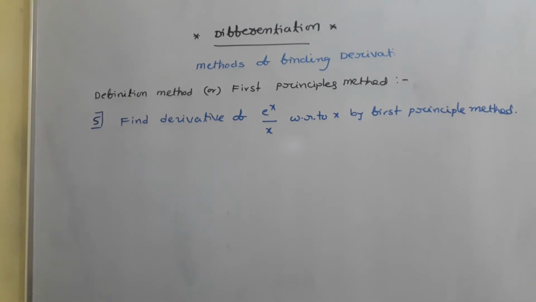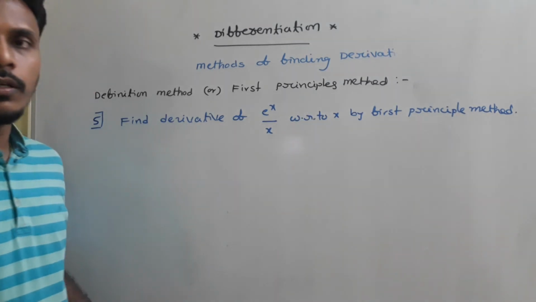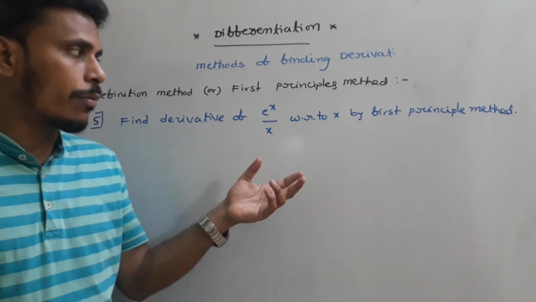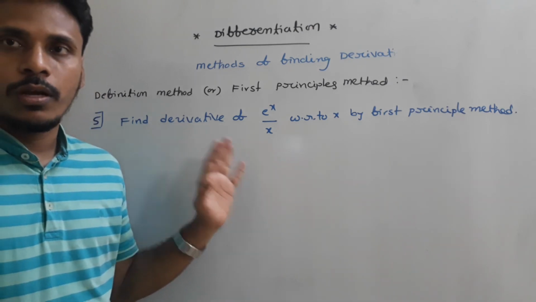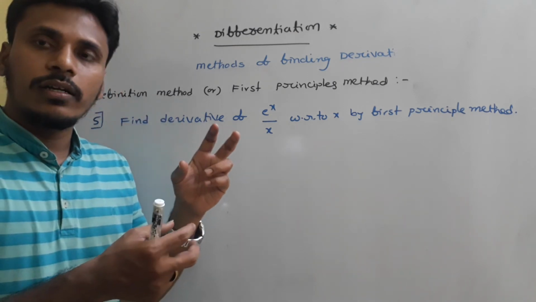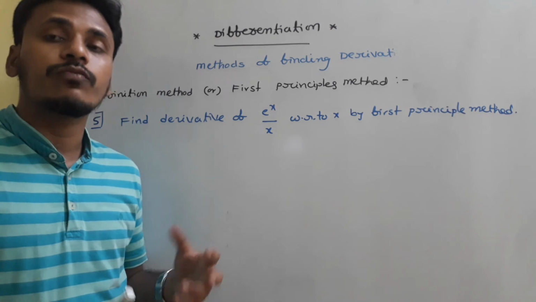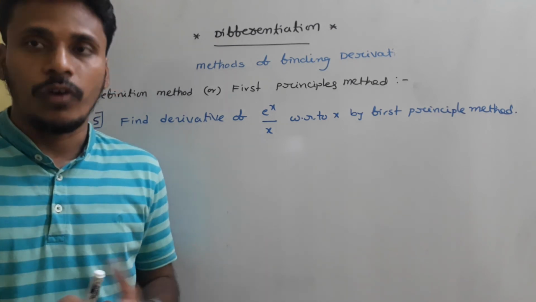Derivative of e power x by x with respect to x by the first principle method. It's a problem you will usually face in board examinations. We will list out all the derivatives for standard functions, and then using those we will find derivatives for all non-standard functions.